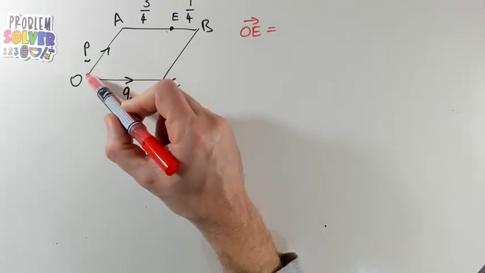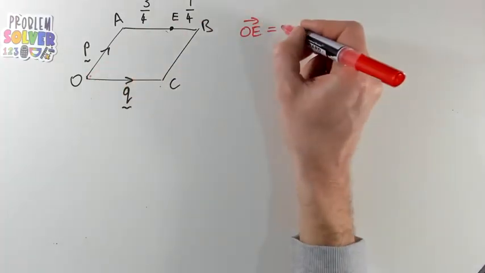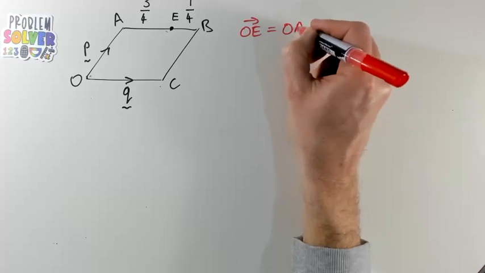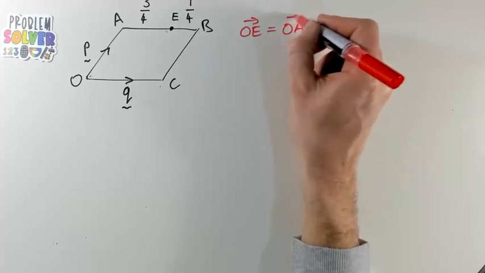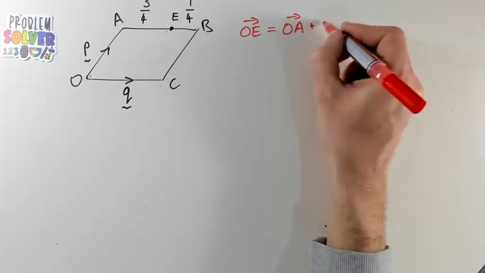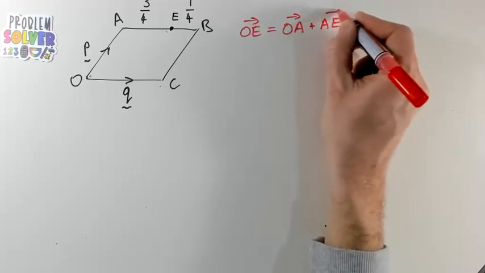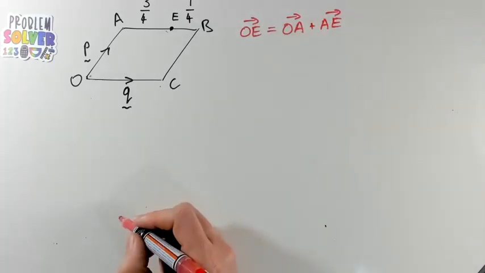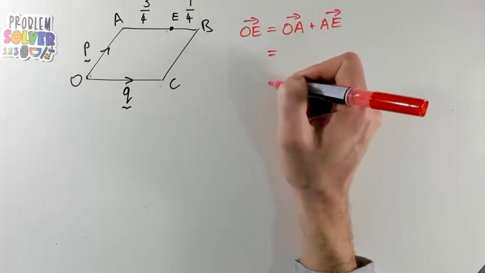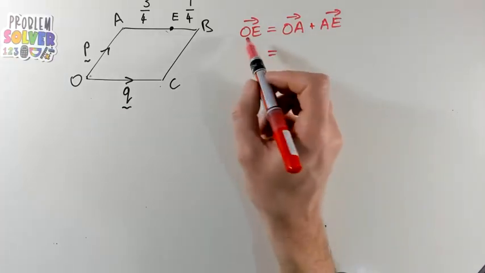So I'm going to take the shortest route, which would be OA and AE, plus AE. I think this should be simple. It's actually easier than the previous one. I should have started with this one.